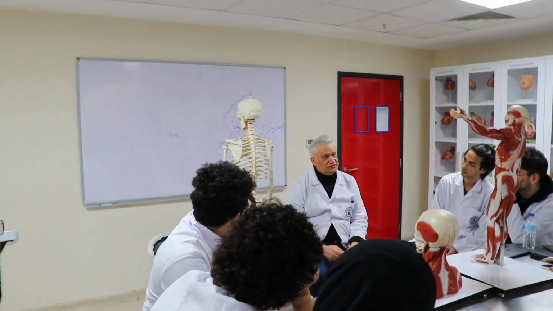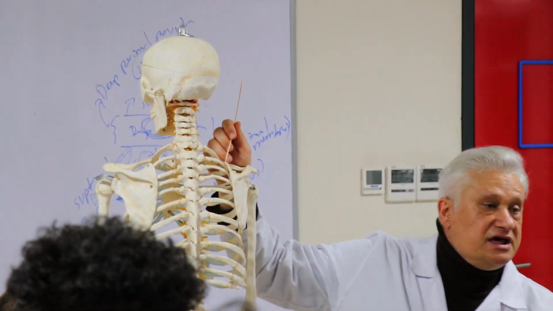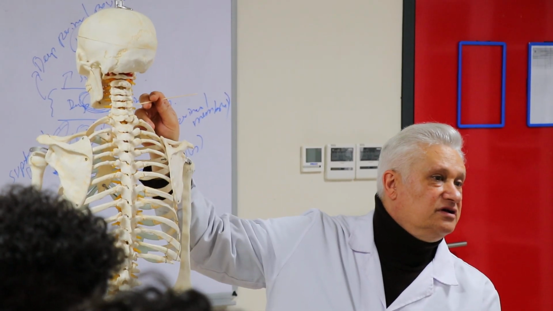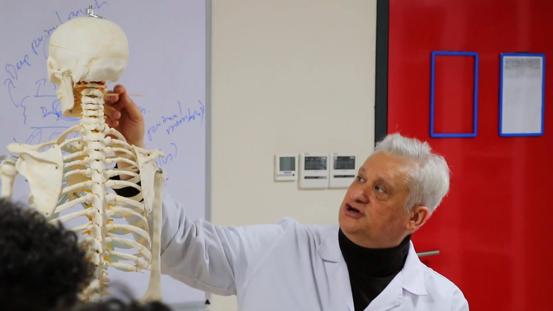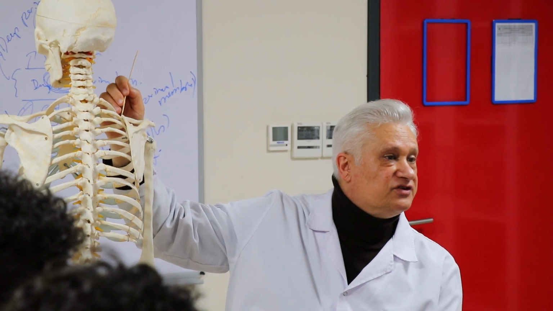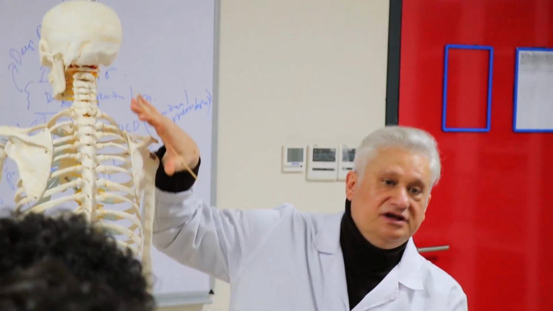So that's trapezius. Which muscle is next? Levator scapulae, which is this muscle here. The origin of levator scapulae is what? The upper transverse processes of the cervical vertebrae, and it attaches to the angle of the scapula here, right? And the function is what?